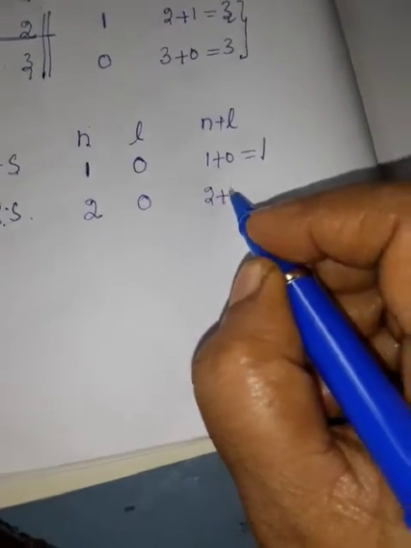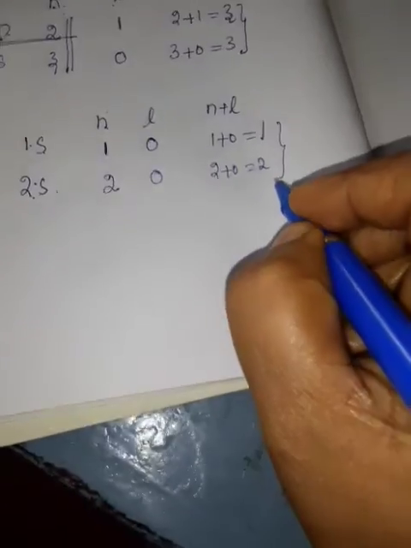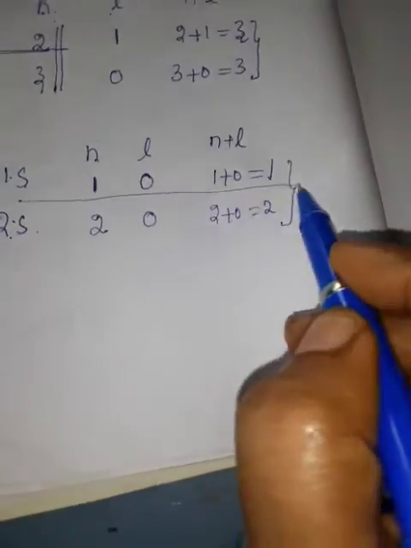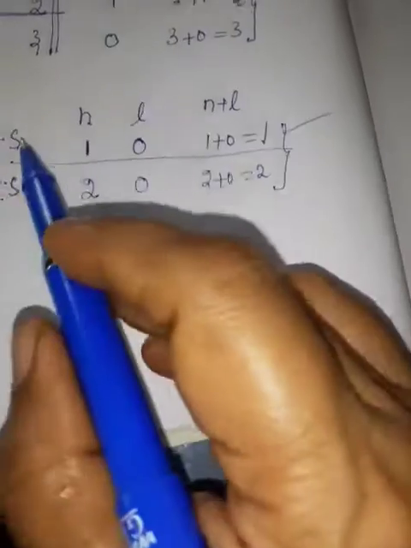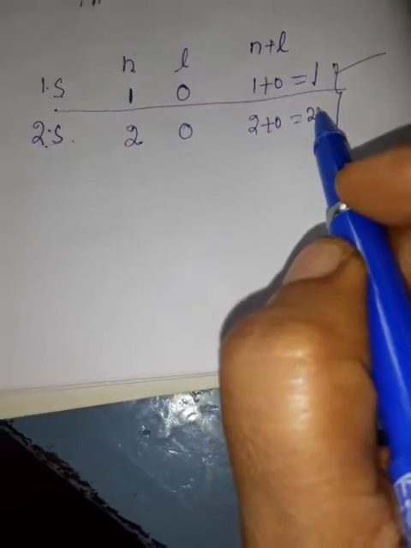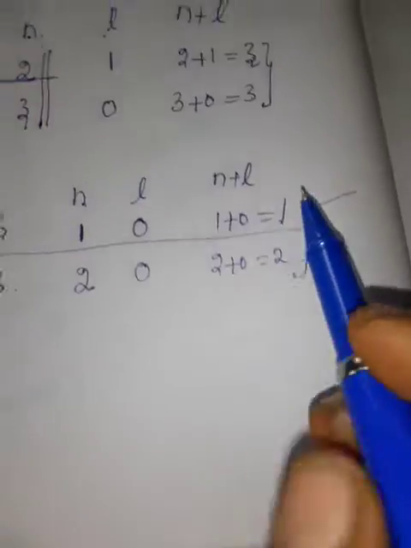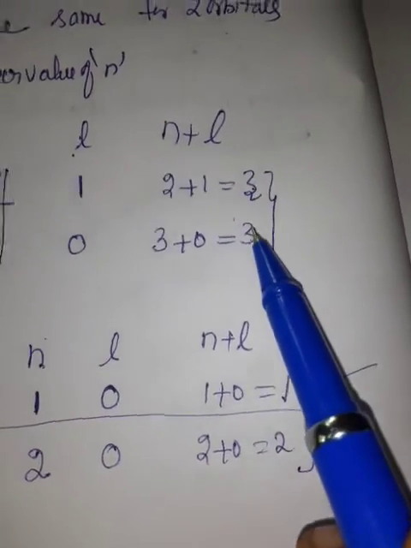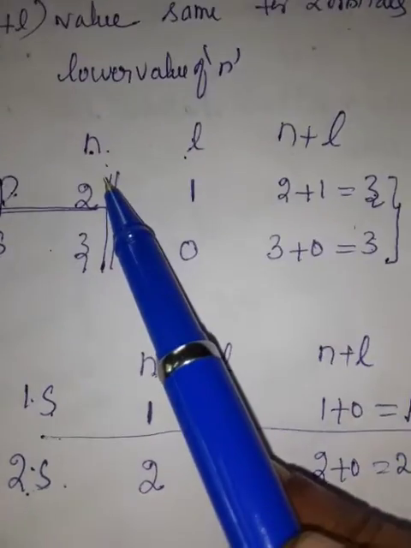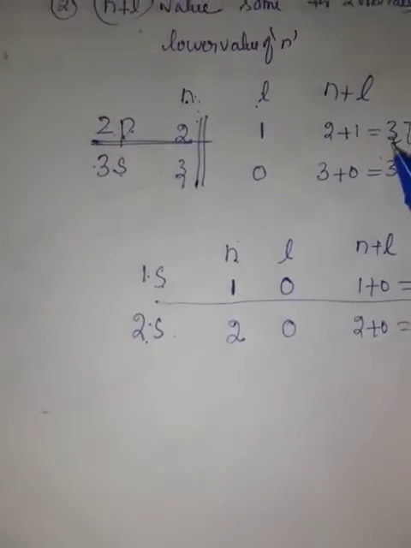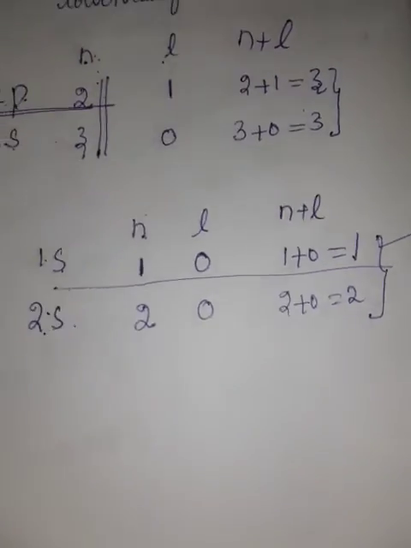So 2 plus 0 is equal to 2. The values are different. Now which has the lower n plus L value? 1s. This is the first rule. So 1s is filled first, then comes the second. This is rule 1 and this is rule 2: if the n plus L value for both of them is the same, see the n value. The one which has the lower n should be filled first. These are the two rules.